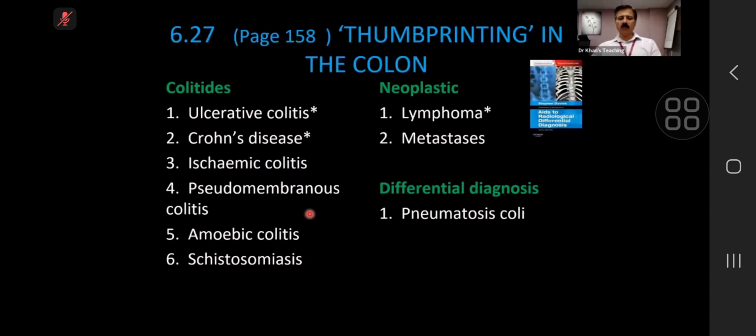Non-specific finding of what? Basically mucosal thickening. And this mucosal thickening will be seen in the large as well as the small bowel. I'll show you many examples. Please do not think that all cases of mucosal thickening will have thumbprints. Within the small bowel, there might be other signs which we will consider later on.